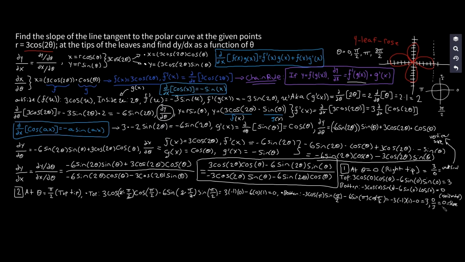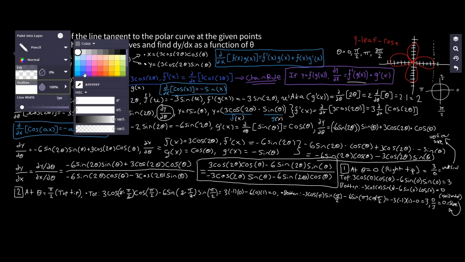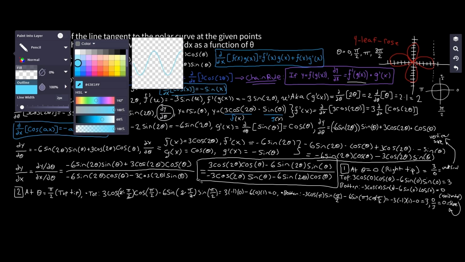So at the top tip, let's do a different color for the slope. Let me just do an arrow indicating that this is for that. I feel like we could do some sort of blue or something like that.